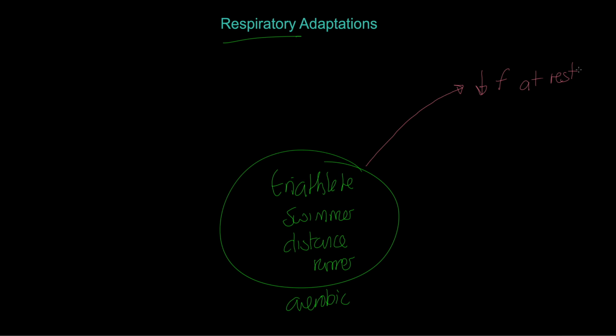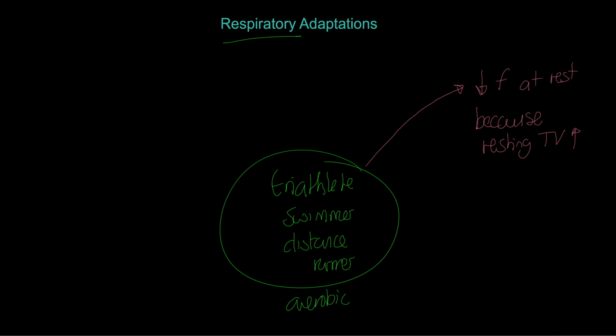Now that seems a bit counterintuitive. Less breathing, why? Well, because of course their tidal volume is greater. As a result of that, we can also take that a little bit further. We can say because resting tidal volume, how much air is breathed per breath, has gone up, to maintain minute ventilation, that's the relationship that we have.